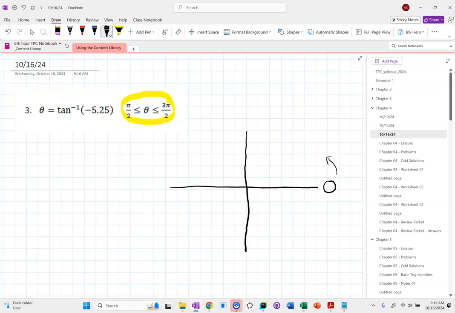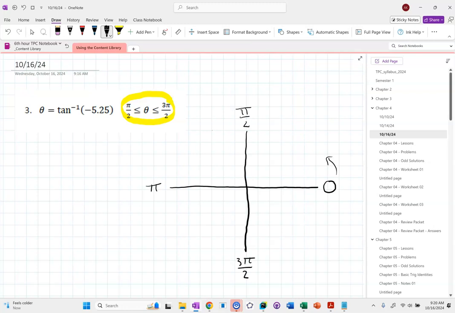I'm just going to be counting by 90-degree increments, since each quadrant is 90 degrees. In radians, I know that 90 degrees is pi over 2, so I'm just counting by half a pi. The first quadrant is half a pi. The second quadrant is another half, so 1/2 and 1/2 is 1. And then will be 3/2.